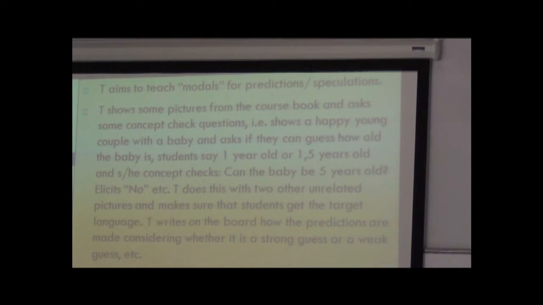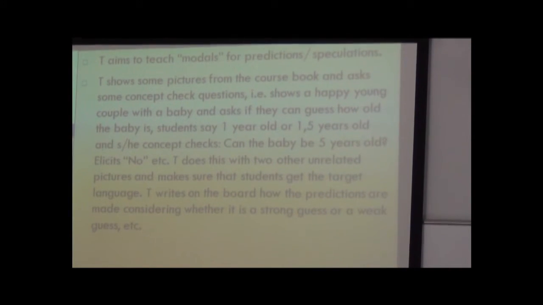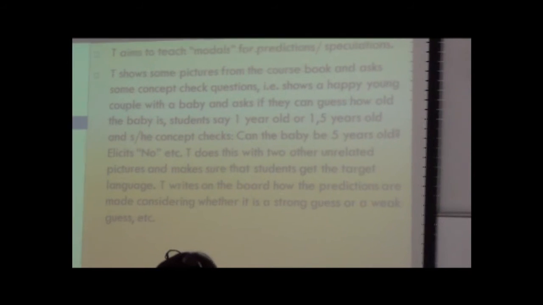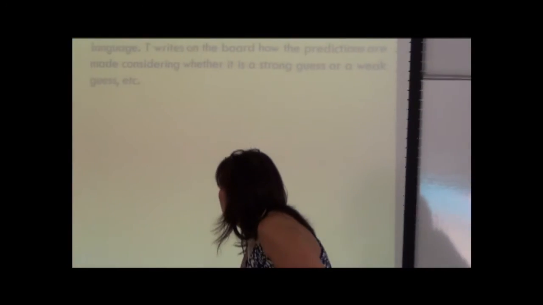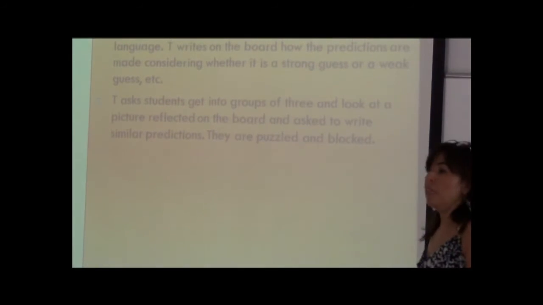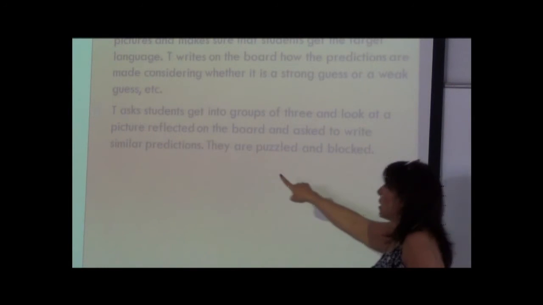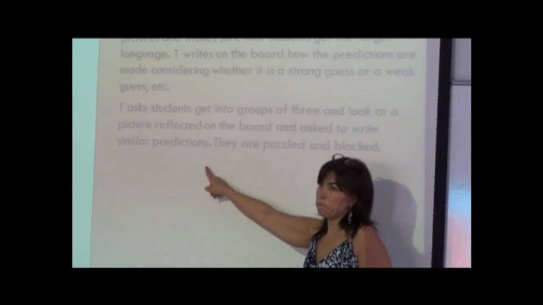The teacher writes on the board how the predictions are made, considering whether it's the strongest or weakest. For example, a baby cannot be 5 years old, so it is strongest. These types of activities she does on the board. Then the teacher asks students to get into groups of 3, look at a picture, reflect on the board, and write similar predictions.